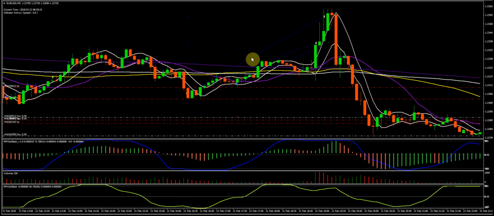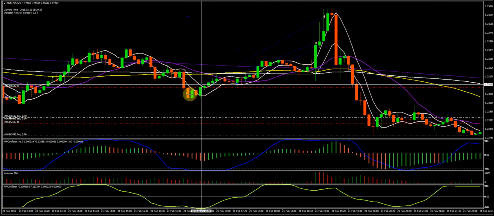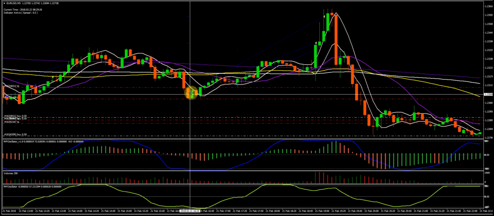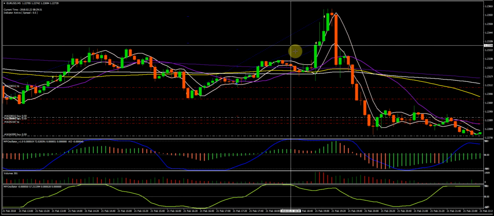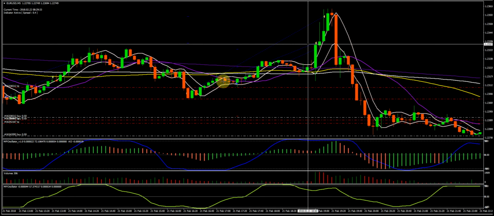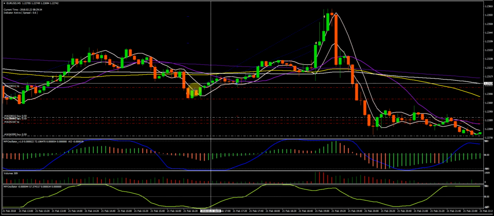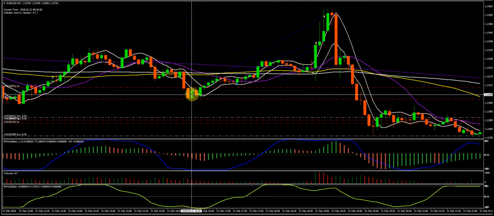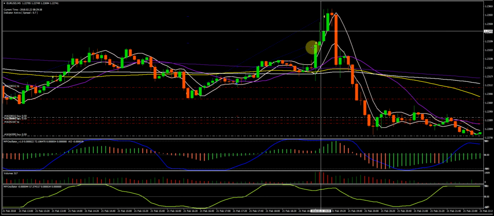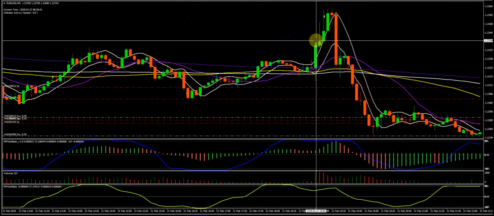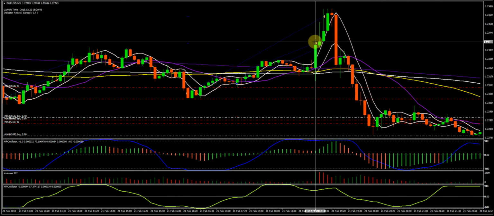So I've just put the blue arrows on because it actually worked very nicely, the trade. It had in total 4 parts, which you can see. The initial 2 entries were more of a medium term trade, although it just so happened that obviously it was in and out very quickly due to the volatility. So you can see here the long line from the bottom to the top was the medium term, and the first half of that was taken off at this point.